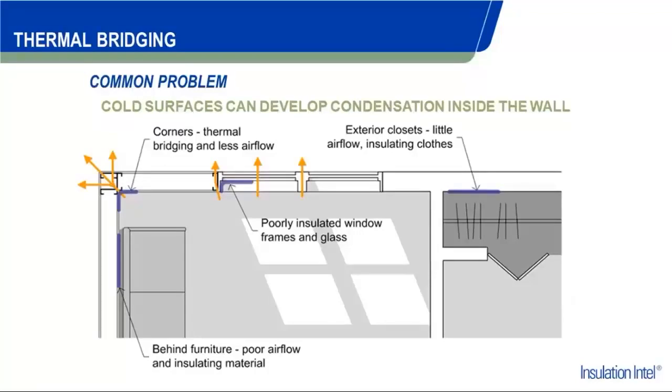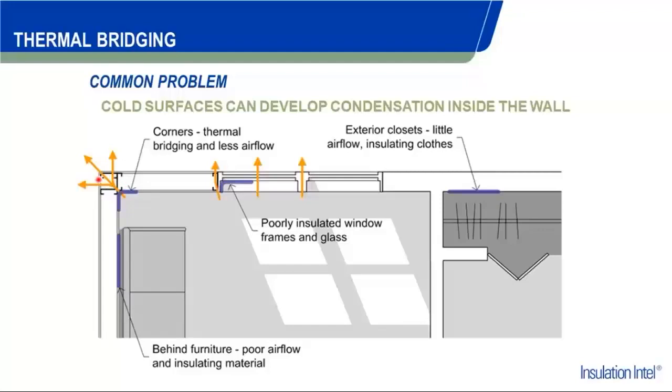A common problem with these framing materials is that they can create cold spots or cold surfaces, which can really affect the performance of the building, not only thermally, but also severely impact comfort and indoor air quality as well. You'll notice that in corners where we have a gang of studs, or around windows and doors, we could typically have a lot of thermal drive coming from the exterior into the cooler parts of a building, which would cool down these particular spots.